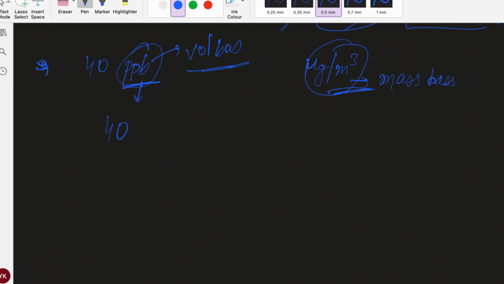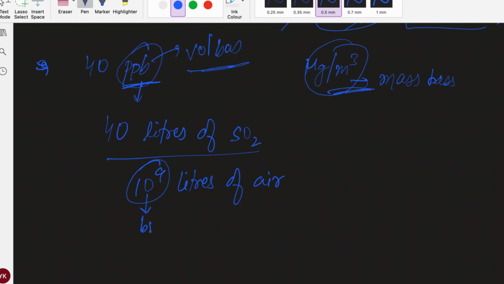Simply, we can write it as 40 liters of the gas SO2 in 10 raised to power 9 liters of air. The 10 raised to power 9 comes from billion; had it been million, 10 raised to power 6 would have been used.